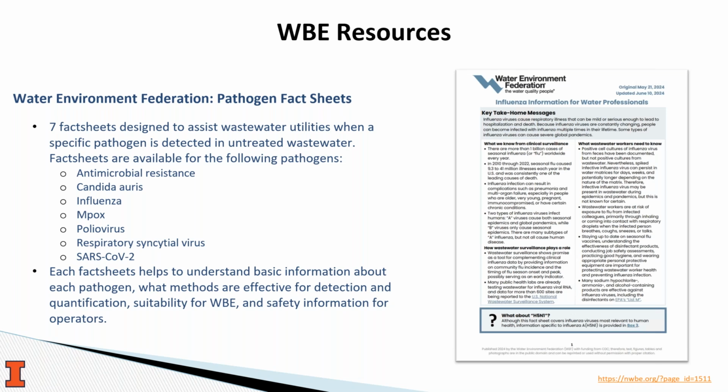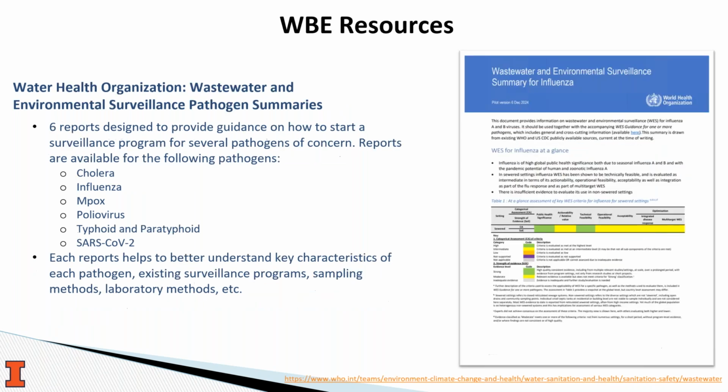So each fact sheet contains the same level of information for each pathogen, and it should be reviewed by operators, especially if you're planning on wastewater surveillance for the 7 listed pathogens.